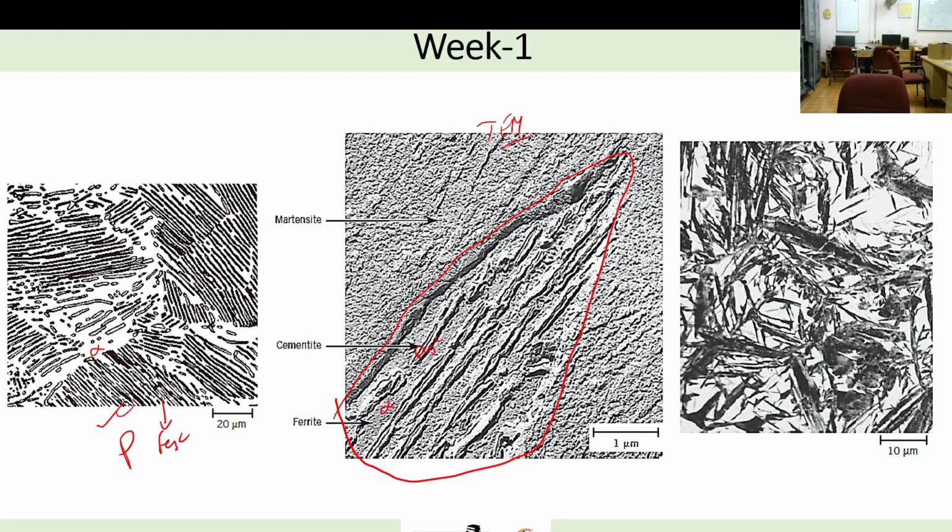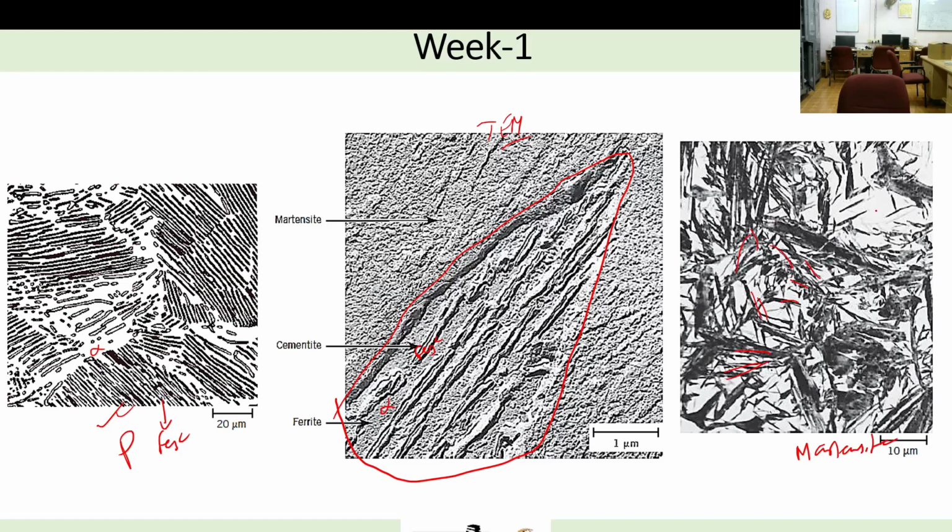Maybe this is lower bainite, where you can see in the ferrite itself the cementite needles got trapped. They didn't get time to go outside and form some carbide. So this is cementite and this is ferrite, and this microstructure is martensite. In martensite, you can see sharp needle shaped martensite formed as a result of very fast cooling rate.